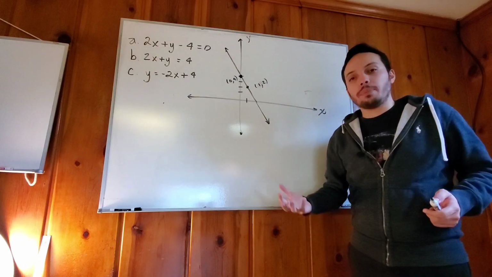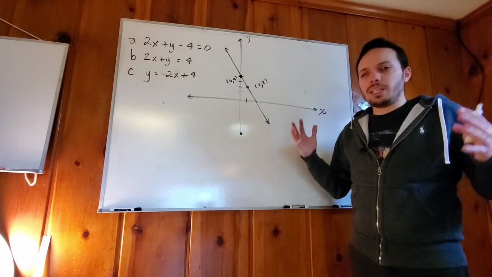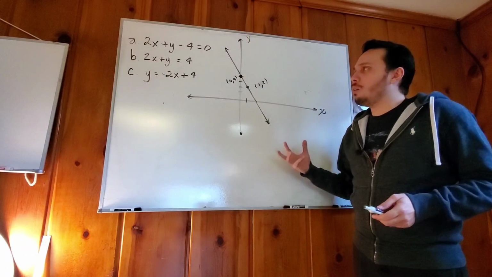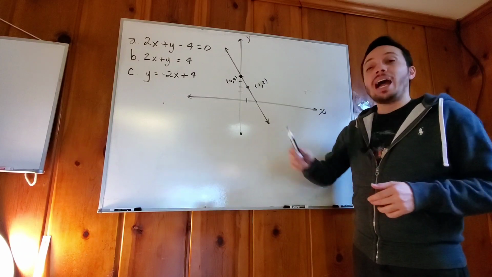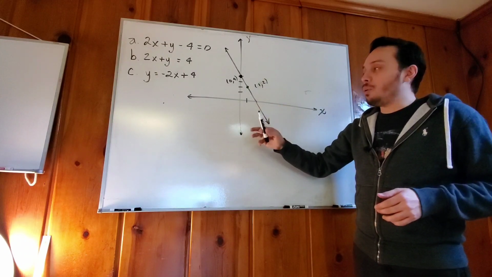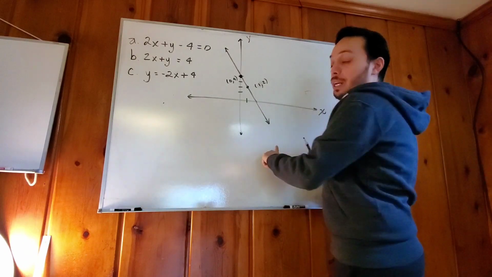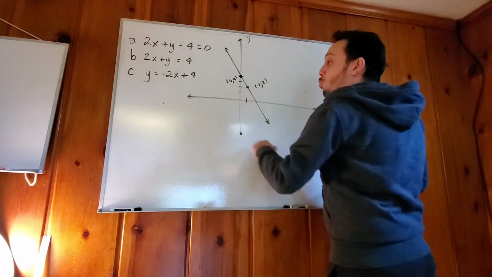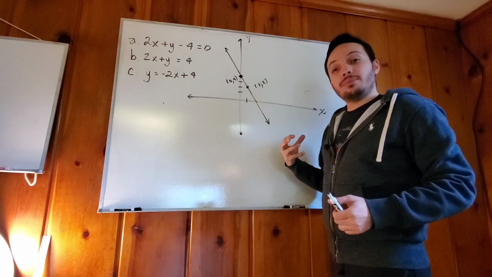So before we talked about the slope, right? Previous lesson, I think lesson 112 or something like that. I'm not sure. I don't really recall. But before we talked about slope, and slope has to do with how steep the line is going. And remember, we read the line from left to right. So from left to right, how is this line going?